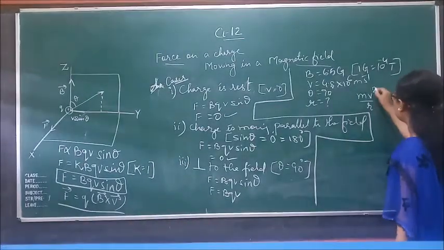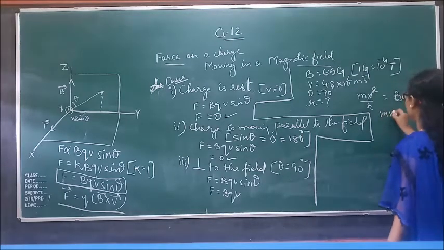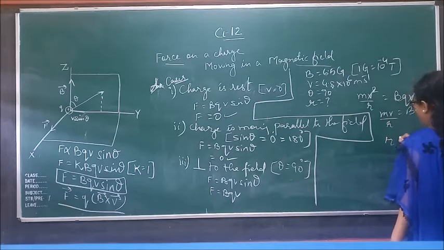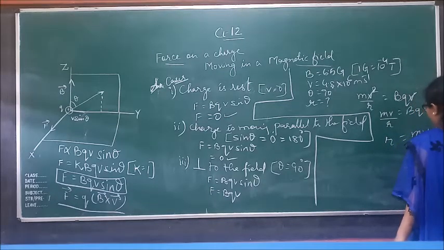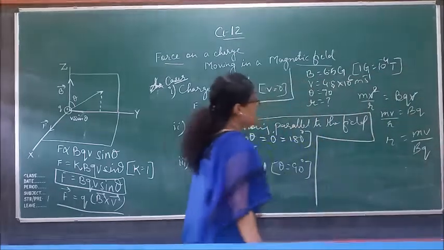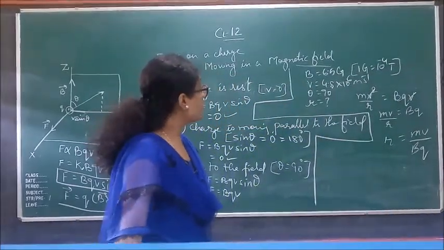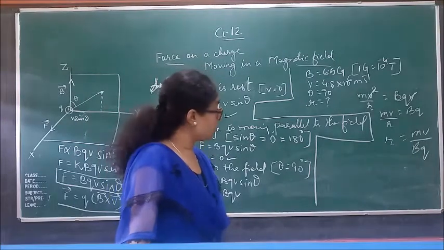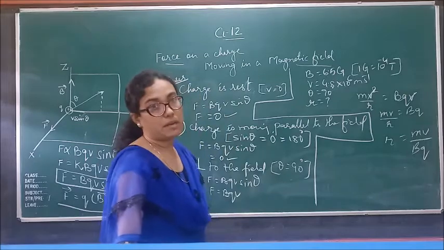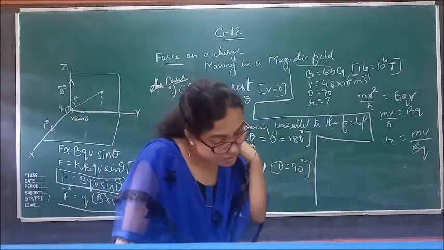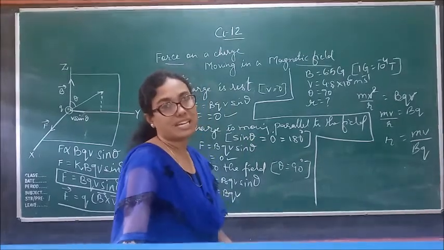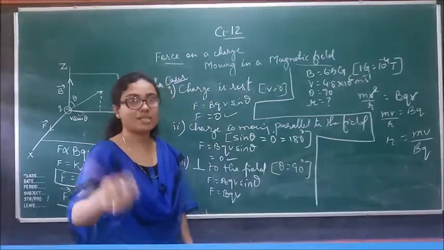Now what do we have to find? B cancels with B. mv = BQ r, and what will this be? We have to find r. r = mv/BQ. You have the value of v, and you have the value of B. What is m? Mass of electron. Here they talk about the mass of electron. You know the mass of electron is 9.1 into 10 to the power minus 31.